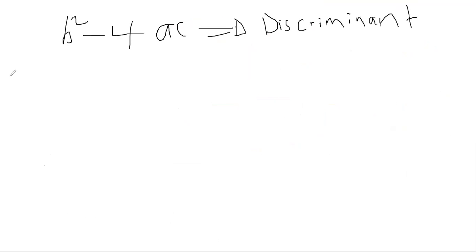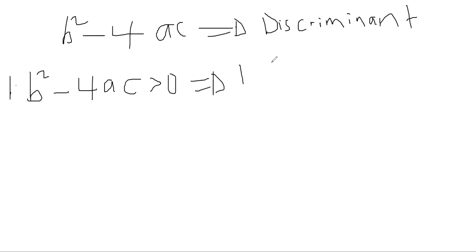First, when you calculate b square minus 4ac for a specific quadratic equation, if it's greater than 0, then we'll have two solutions.